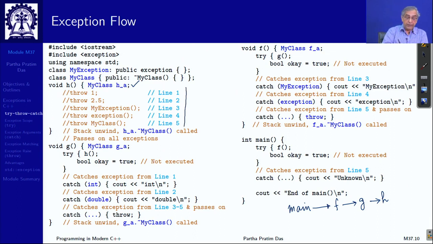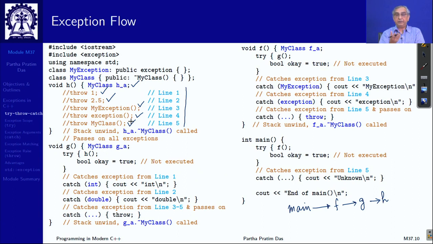Then I have put in comments, so that you can uncomment any one of them and really check out, throwing different types of exception objects. This is integer, this is double, this is my exception which is specialized from exception, this is unspecialized exception, the standard library exception, and even throwing a my class object.